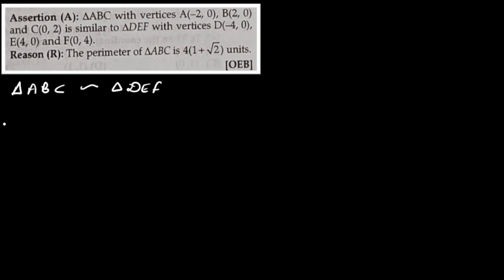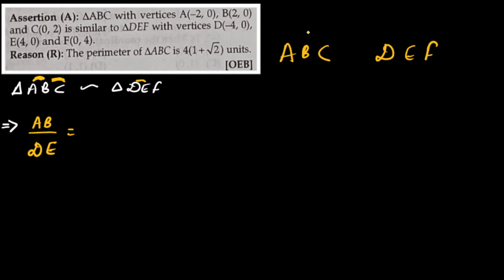So if two triangles are similar, then the ratio of the corresponding sides will be equal. How do we find the corresponding sides? AB's corresponding side is DE. So AB by DE should be equal to BC by EF, because the triangles are written as triangle ABC and triangle DEF.